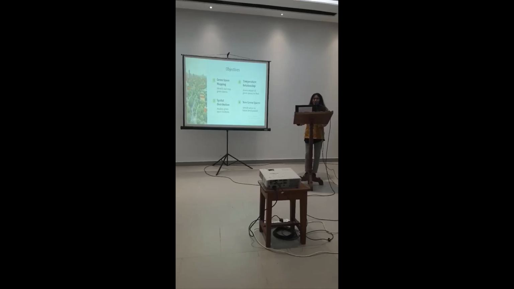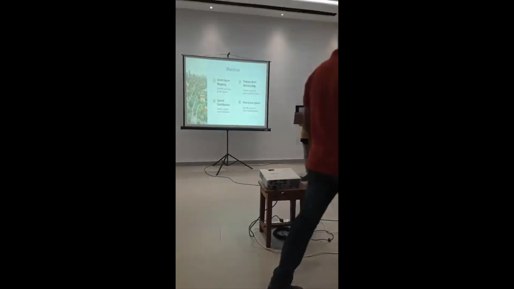So here are the main goals of this project. First of all, obviously we need a green space map to identify the spaces of greenery. Then we need the spatial distribution, using spatial analysis processes.